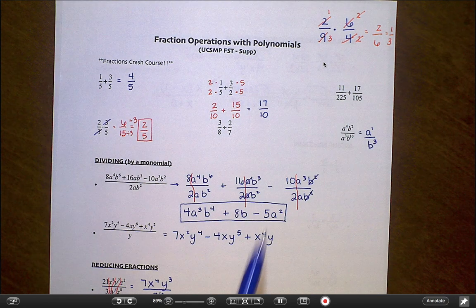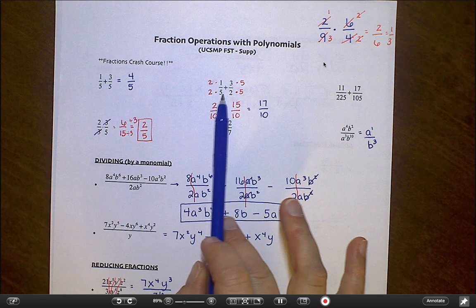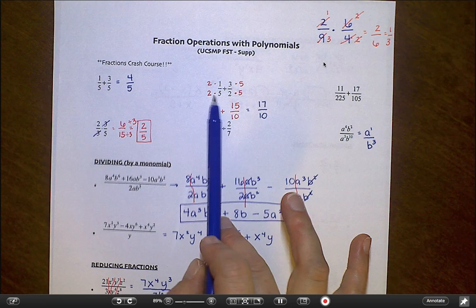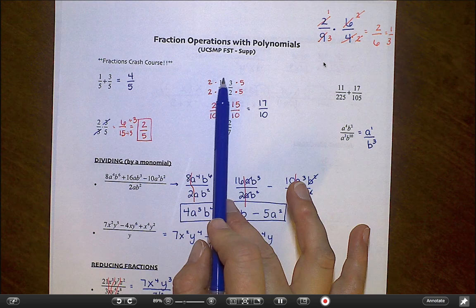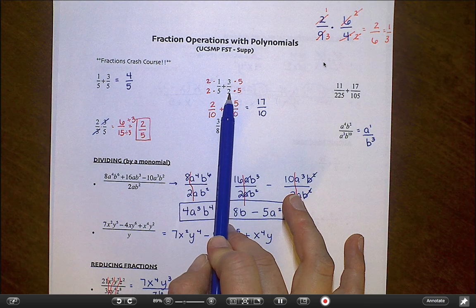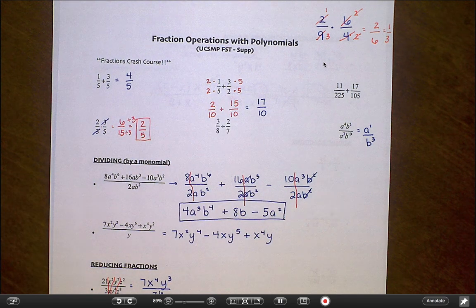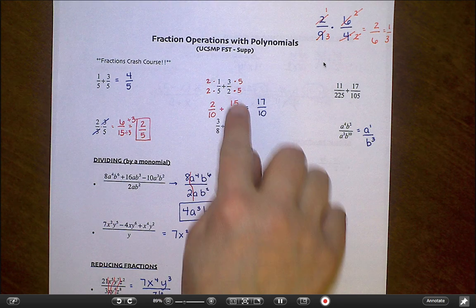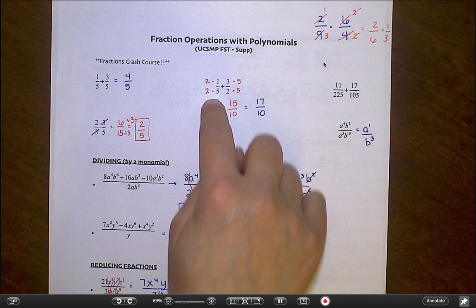Now I want you to notice what happened here is really I just took this fraction and multiplied it by that denominator, and then this fraction got multiplied by that denominator. That will always work. Okay, you can always just pick that bottom number and multiply the other side by it.